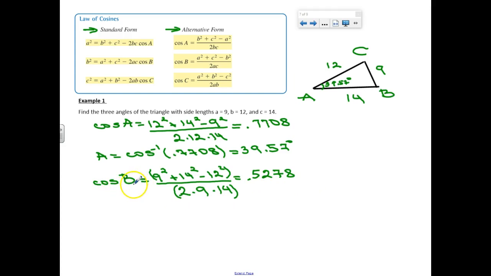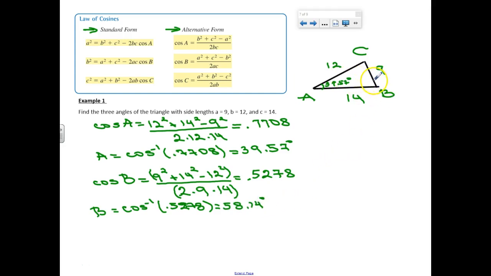If the cosine of an angle is equal to 0.5278, then the angle is equal to the inverse cosine of that answer. Cosine inverse of 0.5278 is equal to 58.14 degrees.